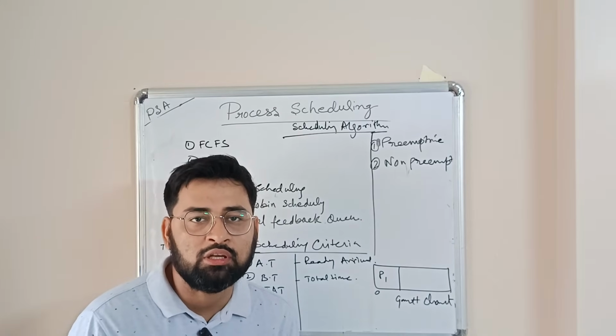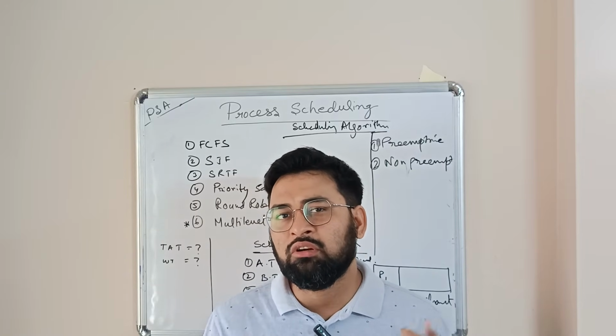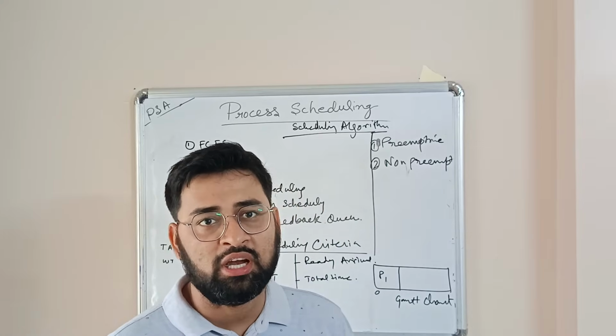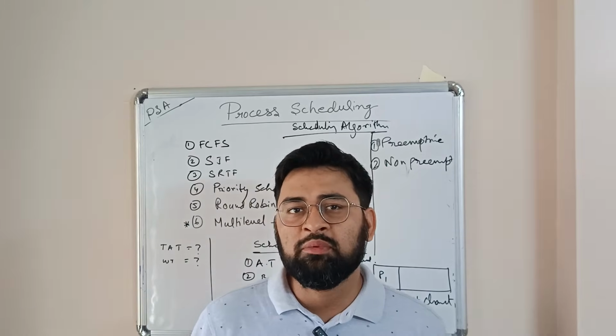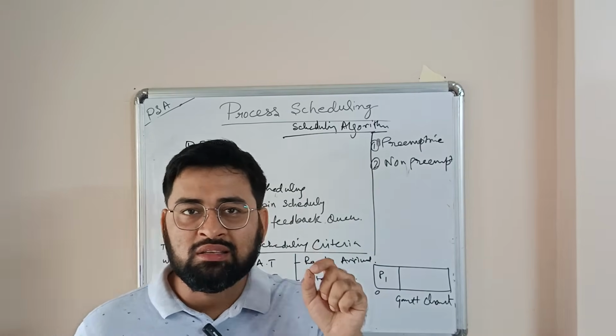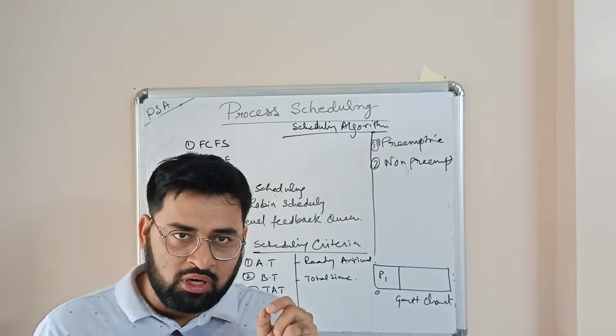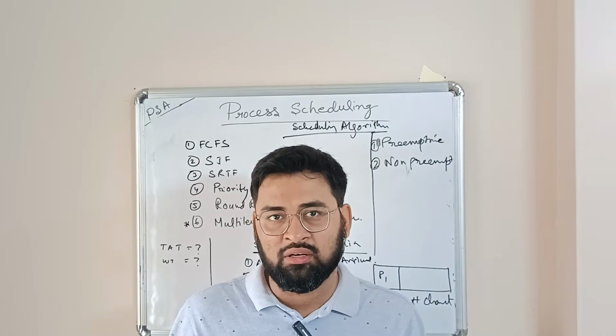A process requires 10 unit time for its complete execution, another process requires 5 unit time to complete execution. That is called the burst time. Burst time is the total time for any specific process to be in the CPU, to get control of the CPU from the beginning to the end.